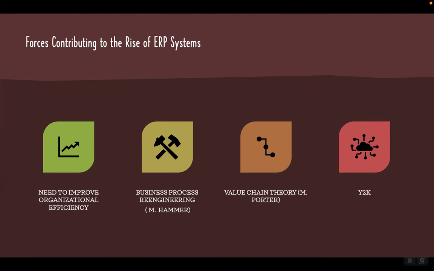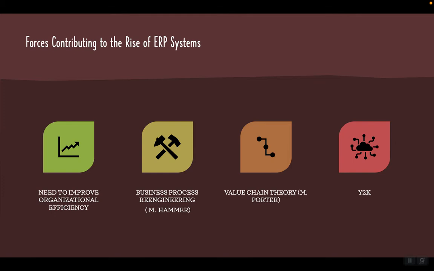And the thought held was that the organization itself, the structure, the way we did things, was actually an impediment. So there was a driver: we were looking for some way of improving organizational efficiency. That's a starting point. All right.